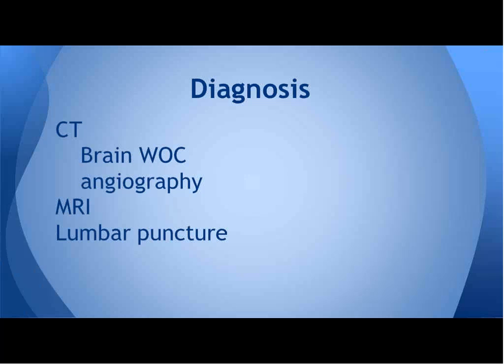Patients are usually taken to emergency departments and have an emergent scan, a CT of the brain without contrast, and then the next step would be CT angiography. MRI if available, and then for the small percentage of CVAs that cannot be diagnosed, or hemorrhagic CVAs that cannot be diagnosed by CT or MRI, then lumbar puncture would be the next step.